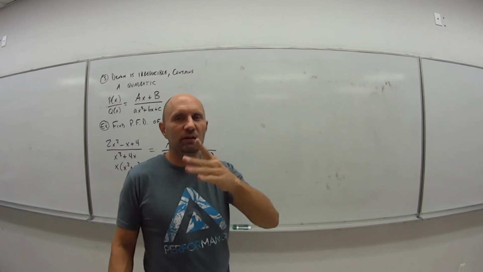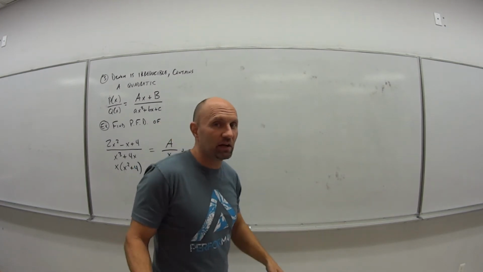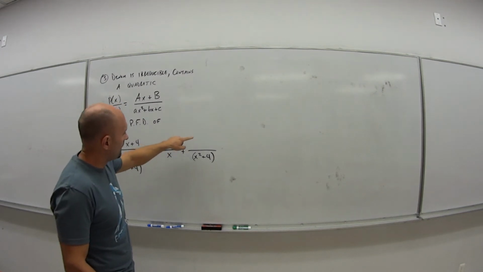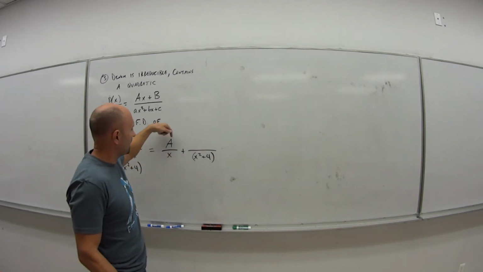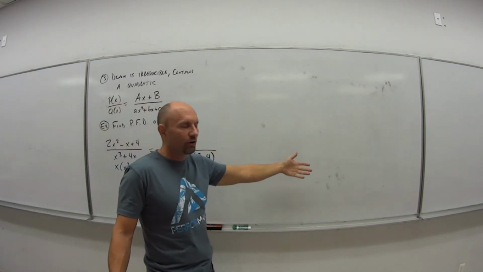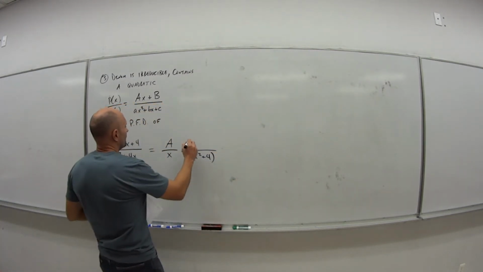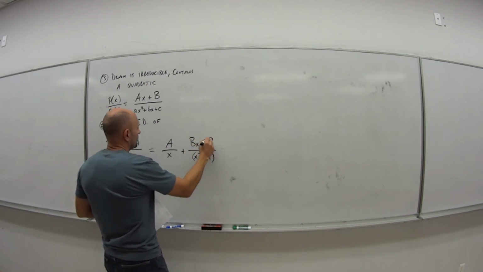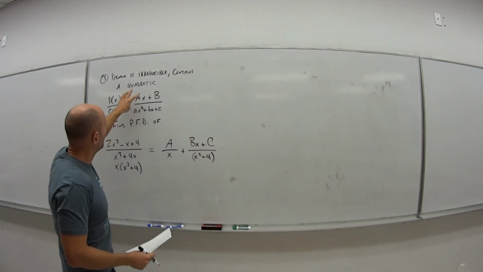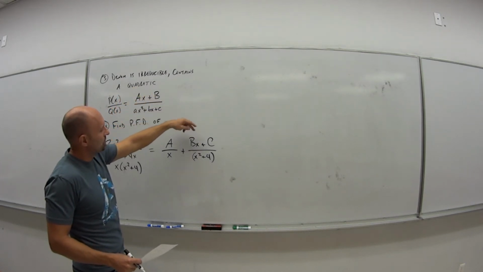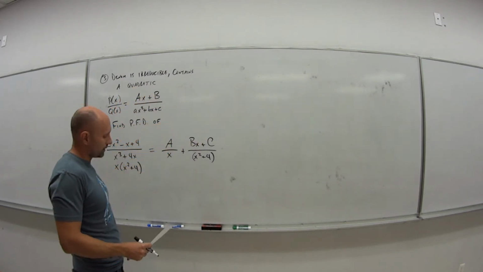If you do a, b, c, d, e, f, that's fine. Just don't repeat them. Don't put a over x and then put ax plus b, because now you have 2 a's, so later on when you're solving, you're not sure which a goes with what. So I'm going to call this bx plus c. So it's a linear. ax plus b, I'm just changing the variables to bx plus c so that I don't get confused.